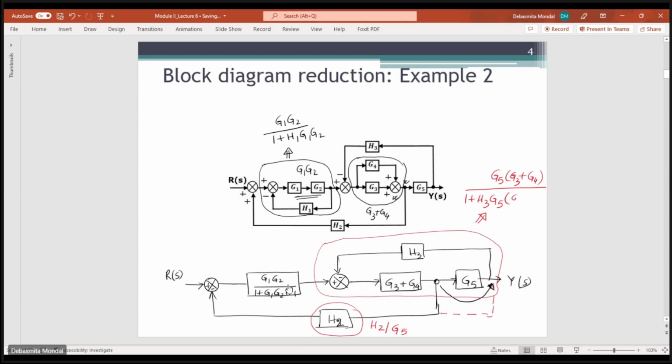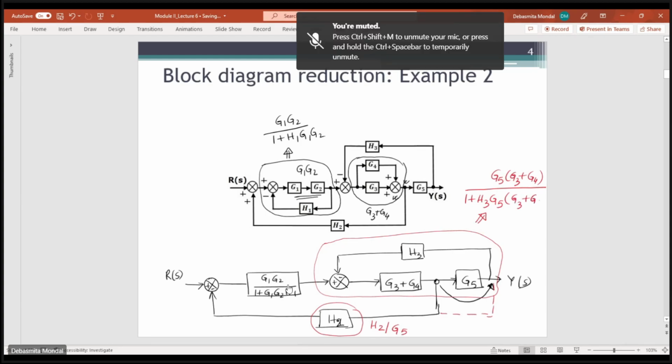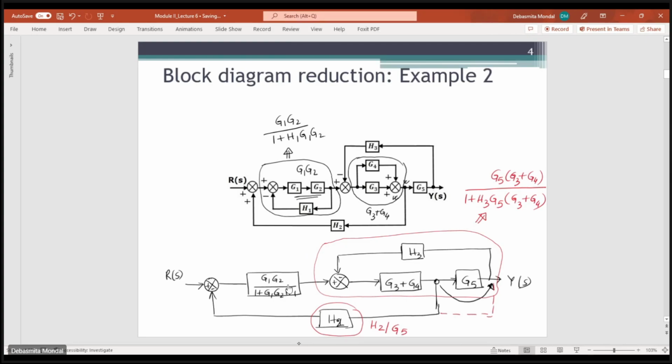Yes. So now this block has been represented by this one. Then you have one block over here, a second block over here, and you have a feedback H2 by G5. This is a negative feedback, and then again you can find the overall transfer function.